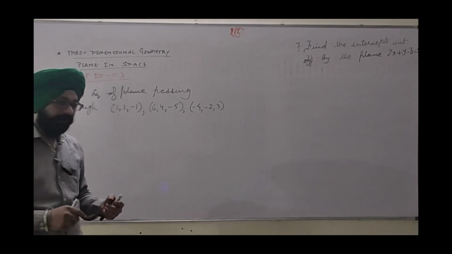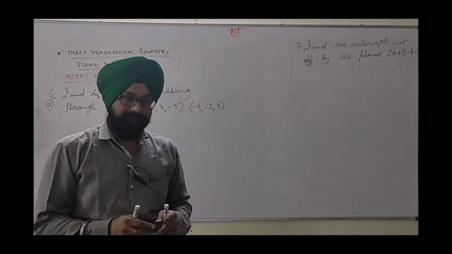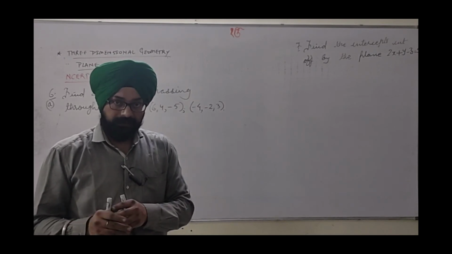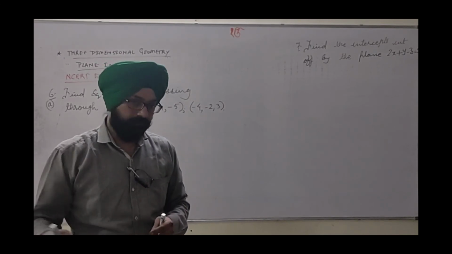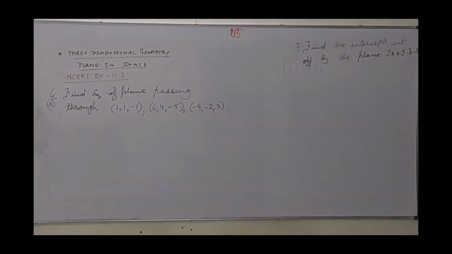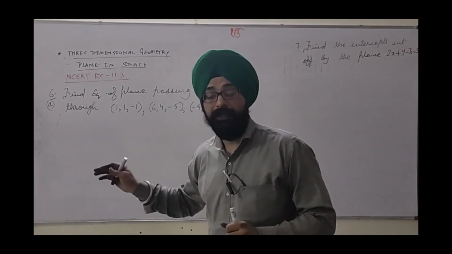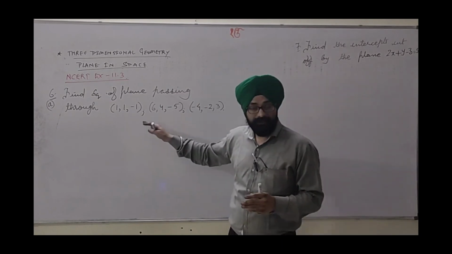As you remember, I had taken points as x1, y1, z1 and a group of x2 and a group of x3 also. It doesn't matter, there is no requirement of taking them in sequence.